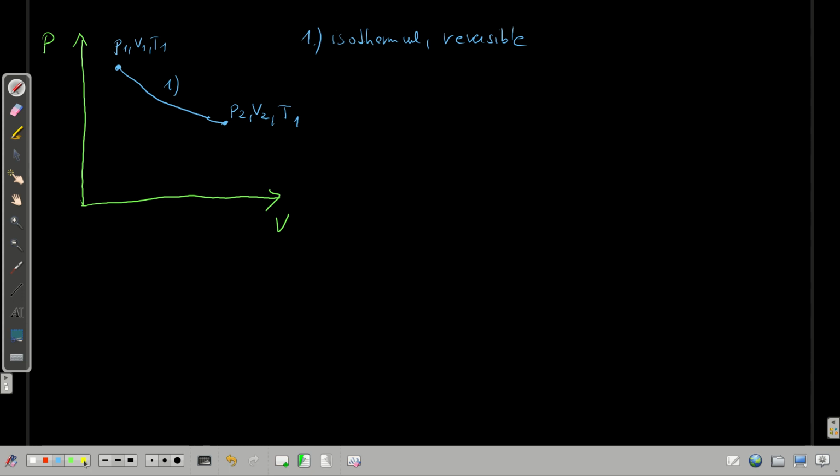So first, to do this, let's draw a second curve. And the second curve should describe an adiabatic and reversible process.